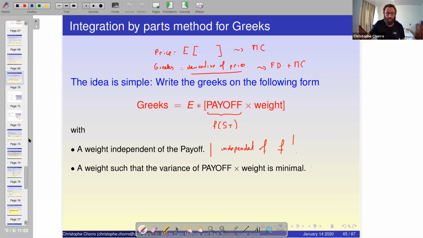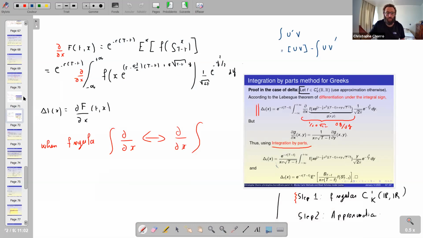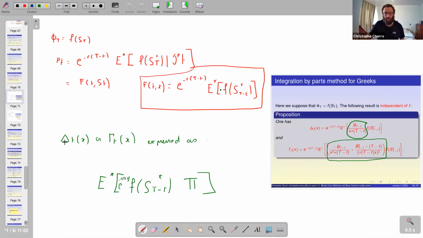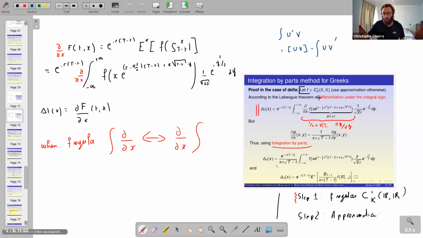So have a look at this proof. Okay, it's not that complicated to prove this result. I repeat, do it in 2 steps, for regular and non-regular mapping. Step 1, regular; second step, non-regular, where I use step 1 and pass to the limit to obtain step 2. In step 1, when I am regular, I can invert the derivative and the integral here. Okay, so I obtain this expression.